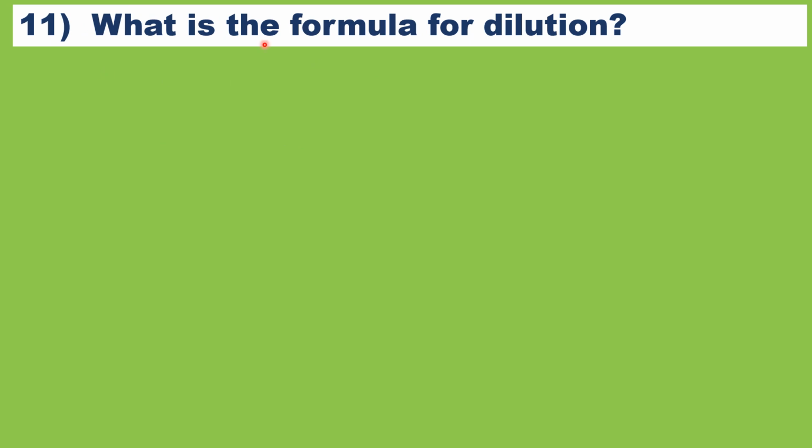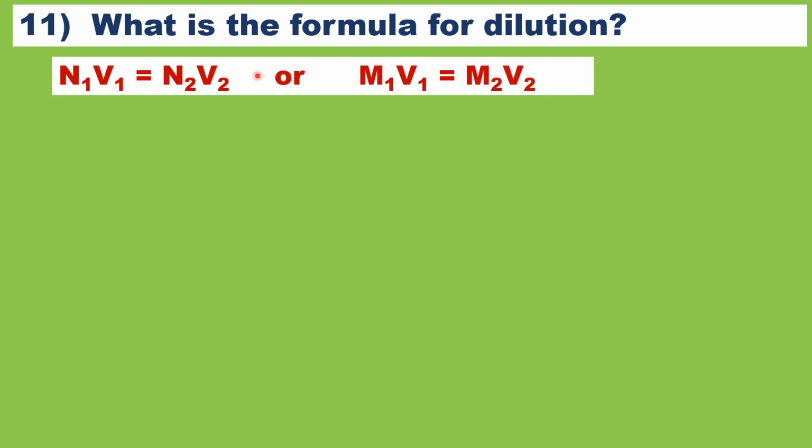Okay, let us see the next formula. What is the formula for dilution? This is so often used in practicals, in industry, or at home also. So how does the molarity change upon dilution? This is the formula N1V1 equals N2V2, or if the concentration is given in molarity, M1V1 equals M2V2 is used.